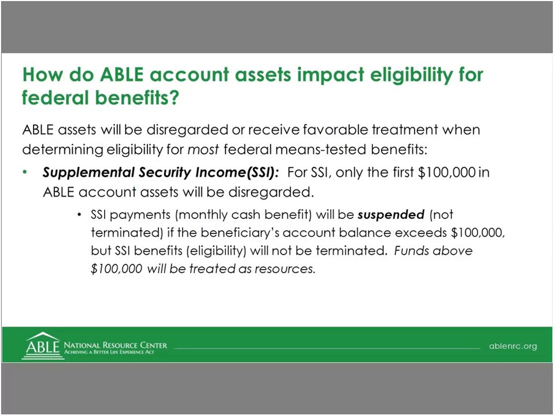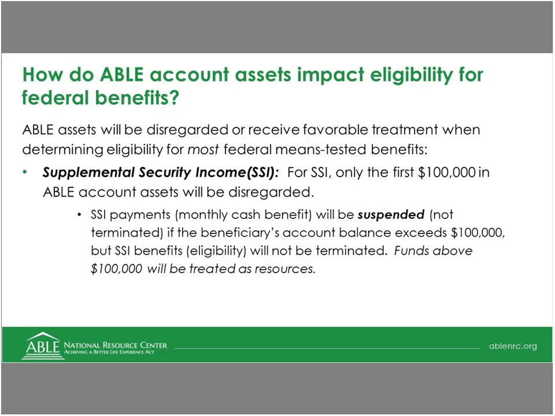So, ABLE assets will be disregarded or receive favorable treatment when determining eligibility for most federal means-tested benefits. And the only reason that I put most in there as opposed to all is because there is one slight exception, and that relates to ABLE account owners who are also beneficiaries of Supplemental Security Income, or SSI.